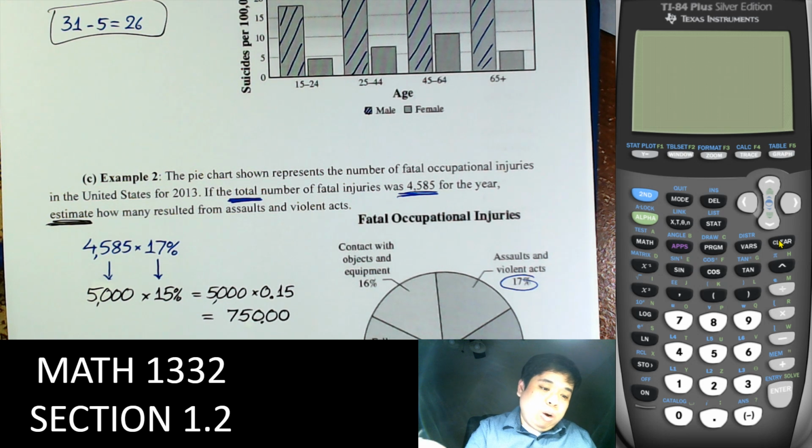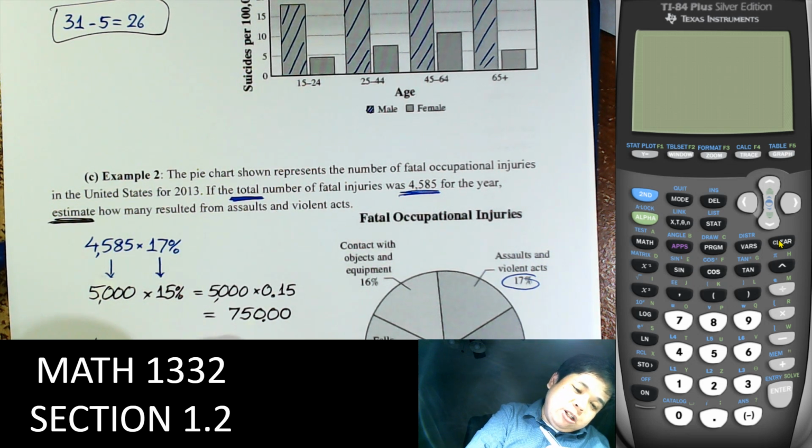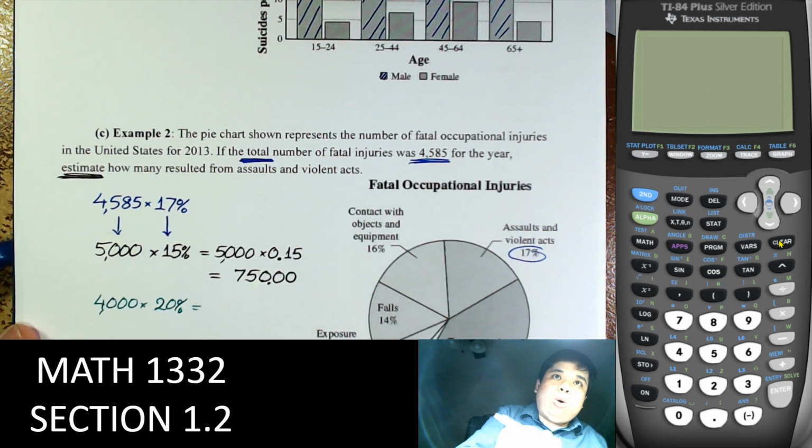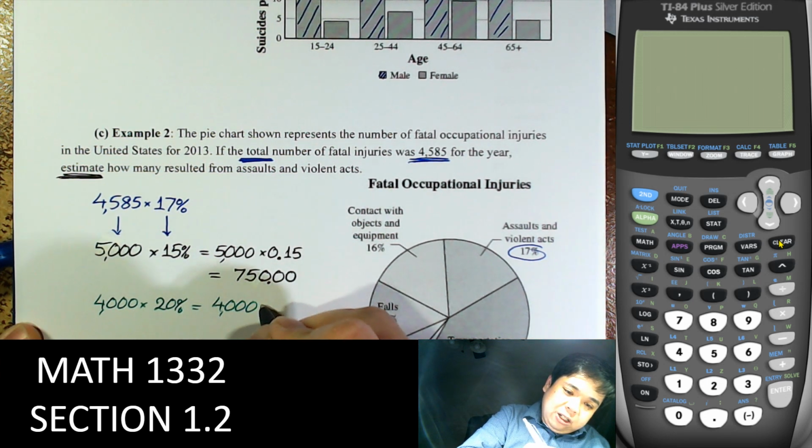If we don't want to do that, we round this down to 4,000 and we round that to 20%. So 4,000 times 0.2.